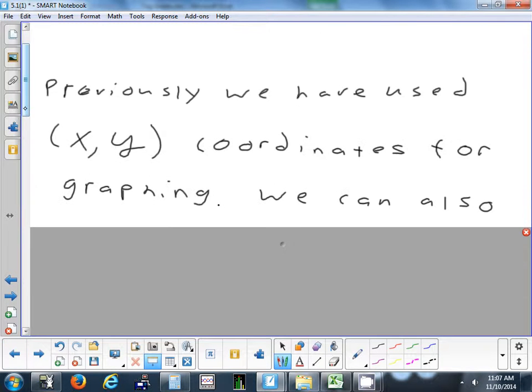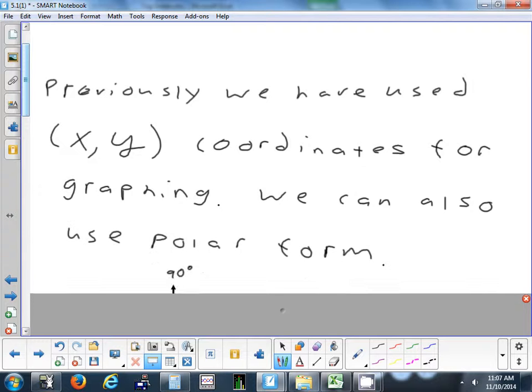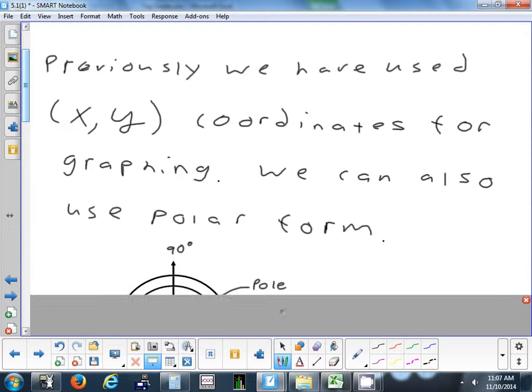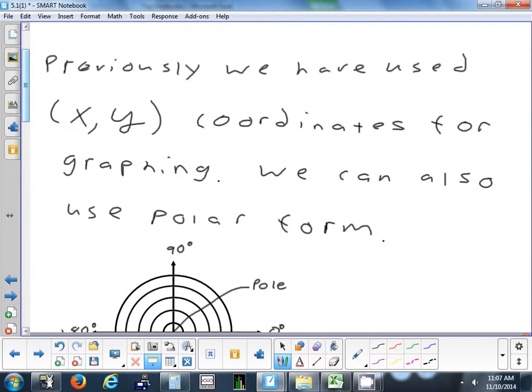So instead of using an xy pair, we can also use what's called polar form. Has anybody ever used polar coordinates or graphing? The idea of polar form is that instead of having your grid lines running up and down and left and right, you've got these concentric circles.